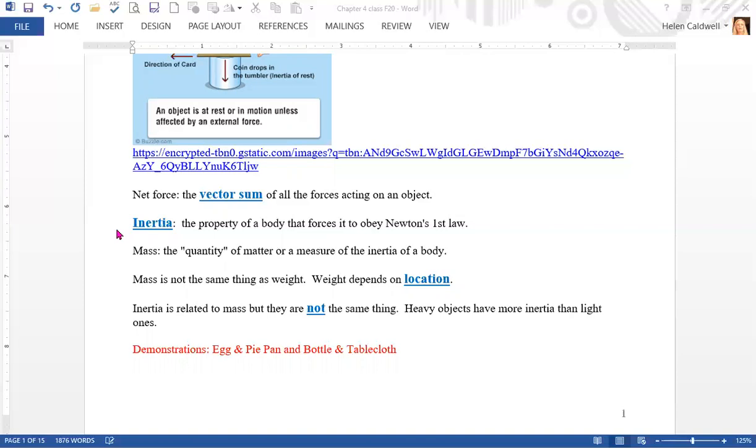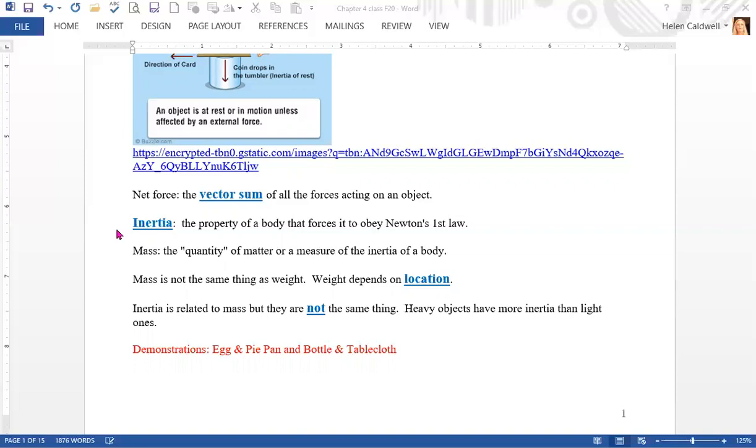Weight depends on your location. So my weight in Hickory is not the same as my weight on the moon. If you take me to the moon and try to weigh me, I'm not going to weigh the same. And in fact, we have a little example where we will show the differences in the two. So mass depends on you or the object.